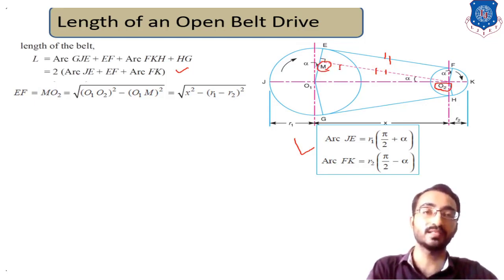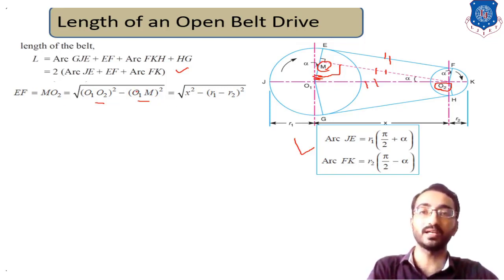Over here we have considered a right angle triangle. So by Pythagoras theorem, O2M is equal to the square root of hypotenuse square minus adjacent side square. So the square root of O1O2 square minus O1M square will give us the length of O2M.